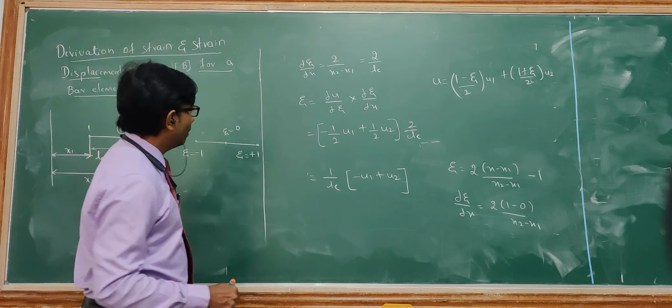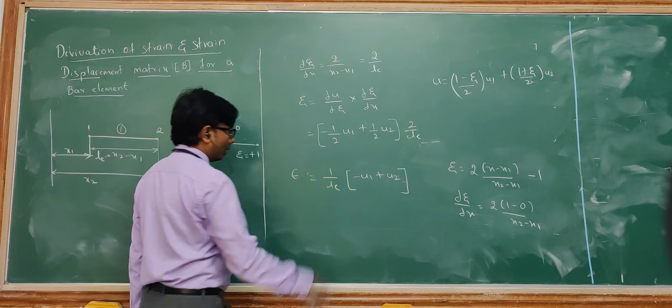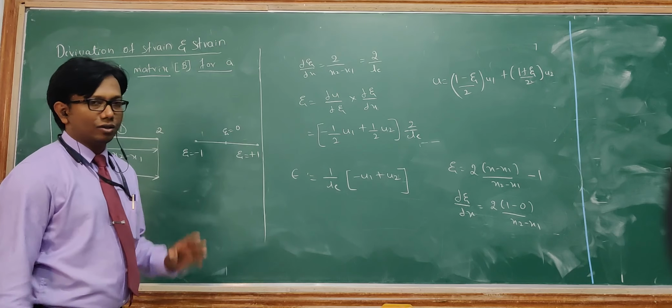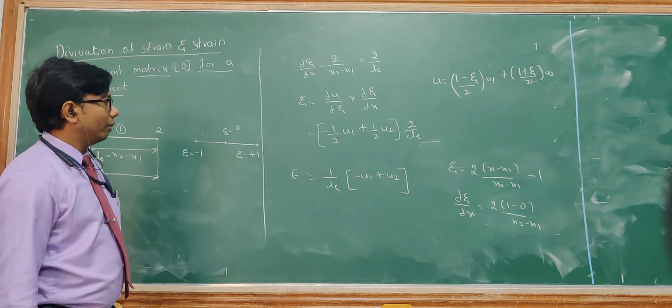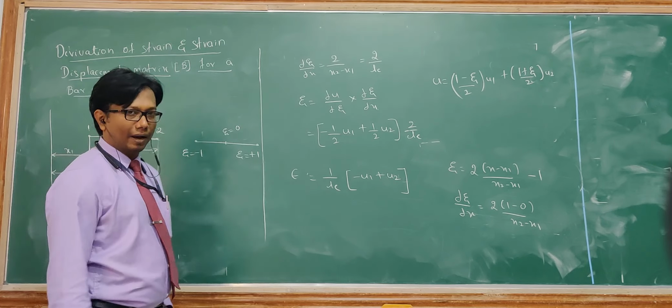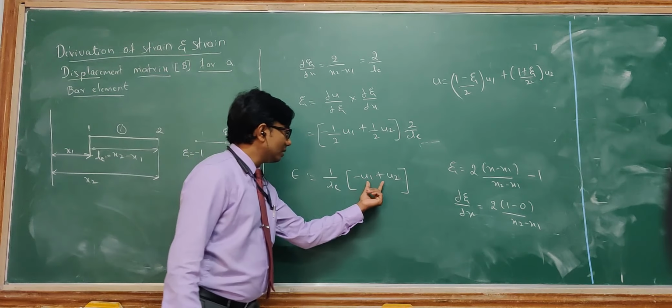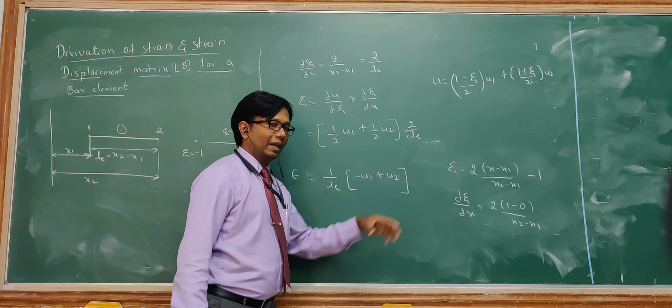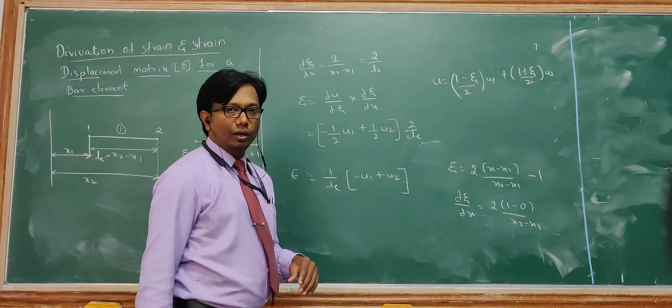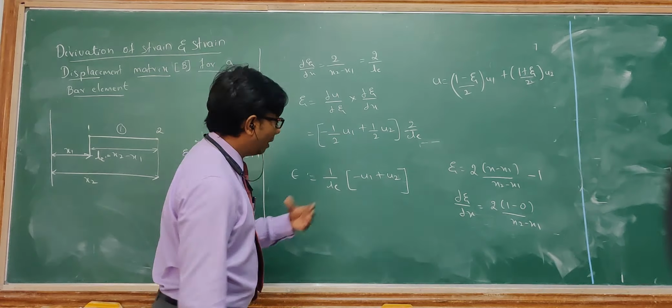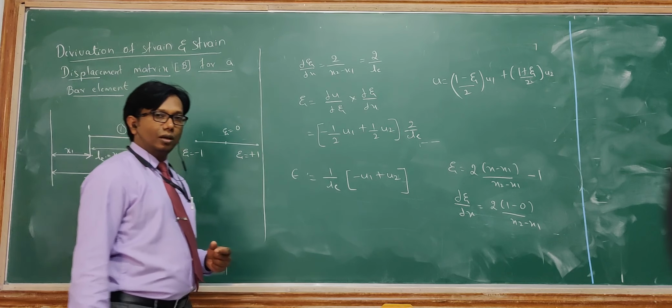You know that whenever we are solving in an FEM format, we write everything in a matrix form. So now I will convert this equation to matrix form. It doesn't make any difference, I am just representing the terms in a matrix form.